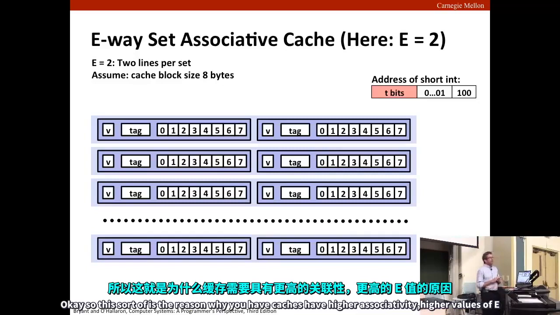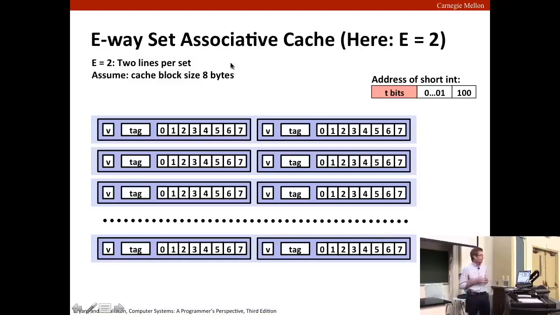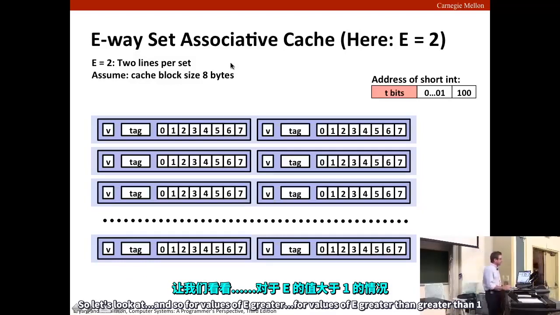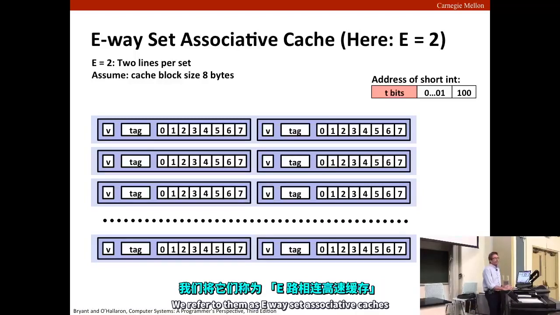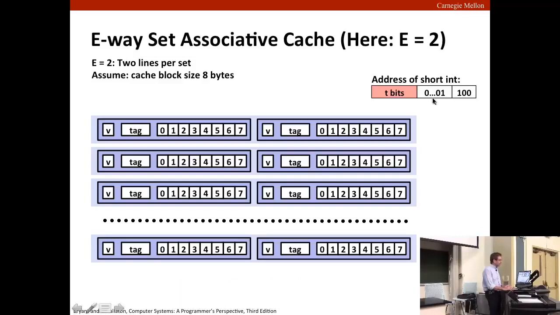So this is the reason why caches have higher associativities, higher values of E. For values of E greater than 1, we refer to them as E-way set associative caches.